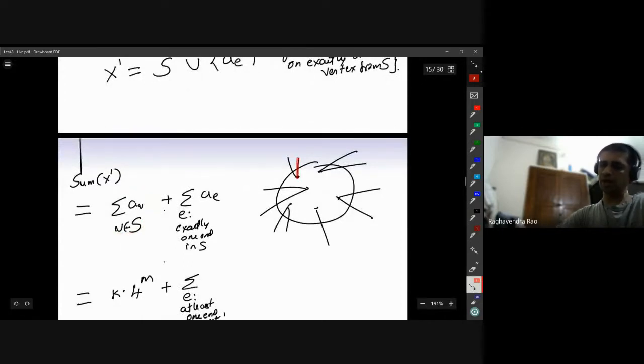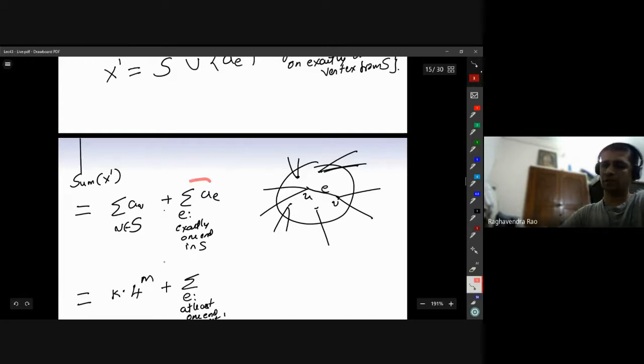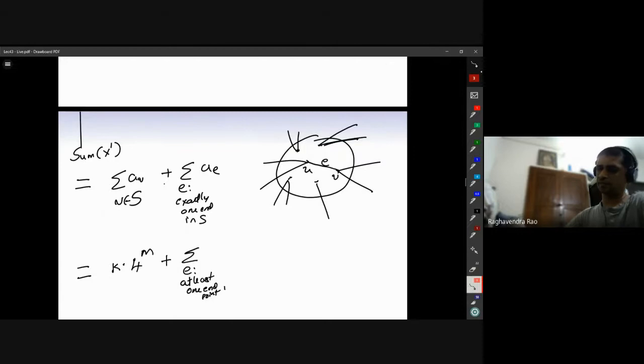You look at an edge. The edge which has both endpoints in S will contribute twice, right? So if I have an edge within S, say this is u and v, a_u plus a_v will have this e, 4 to the e added twice. And for all other edges, this will contribute exactly once, but that is compensated for here.